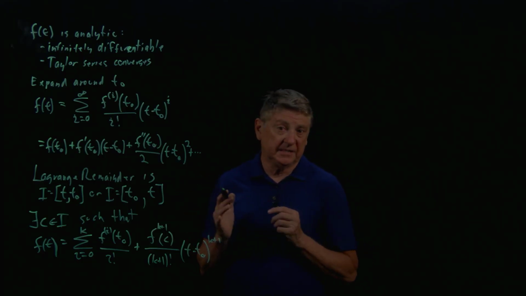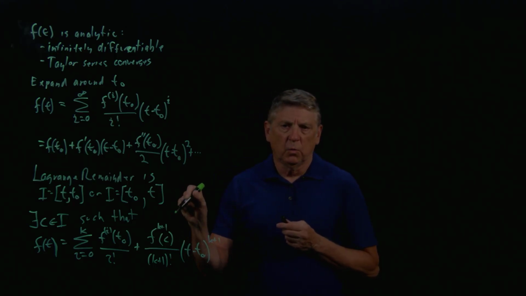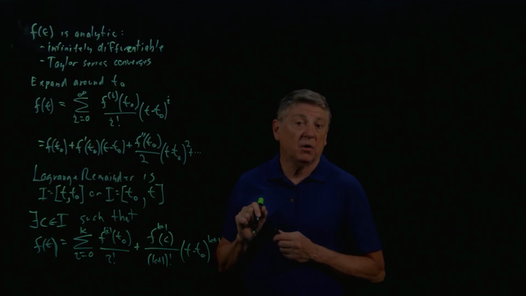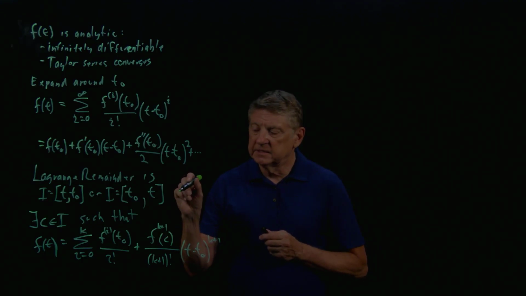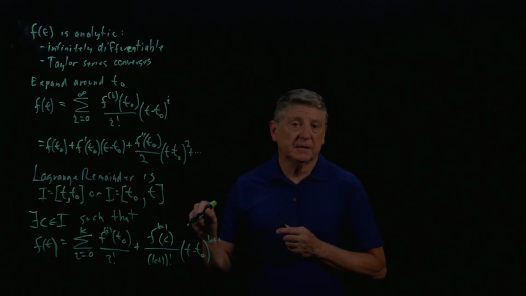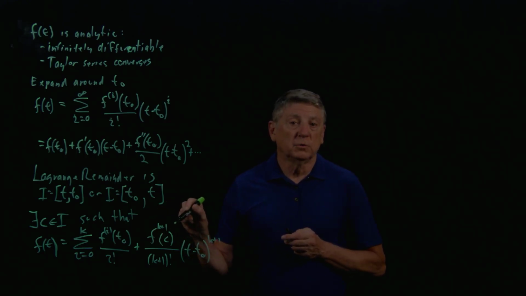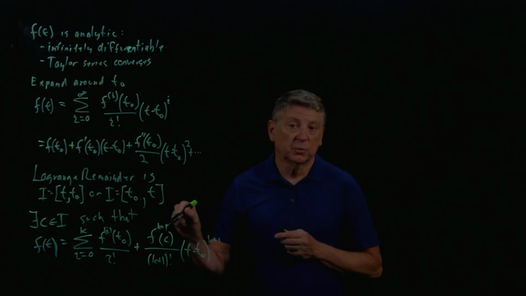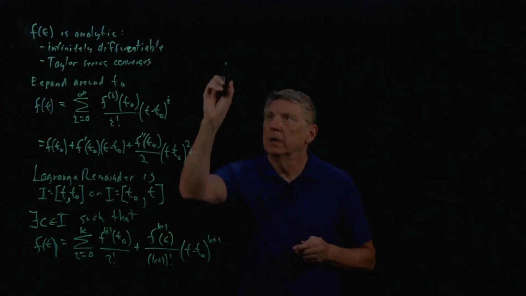Not necessarily exactly at t0, but something that's kind of close to t0, where we can express all of the remainder term. So we get some kind of assurance for an analytic function that what we're losing has a certain bound. So we can put a bound on the amount of the remainder.